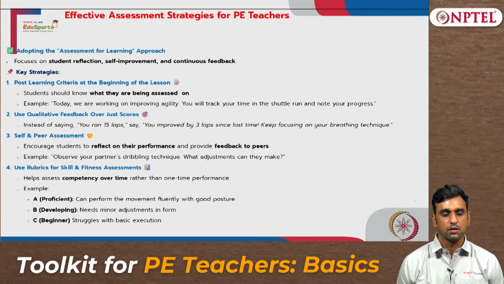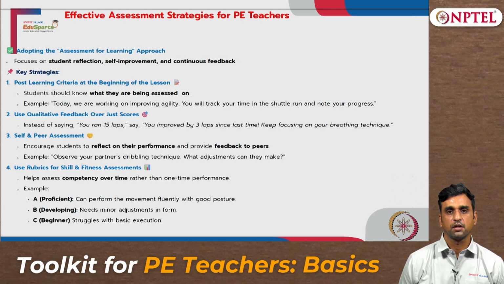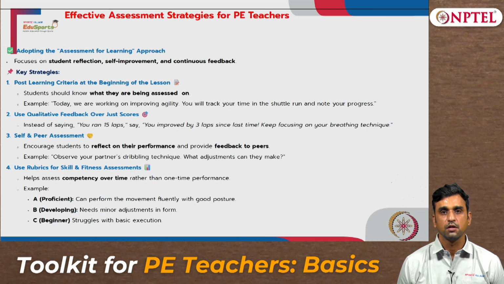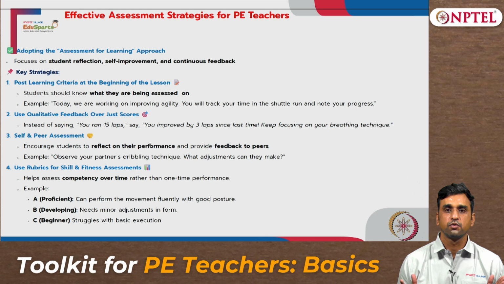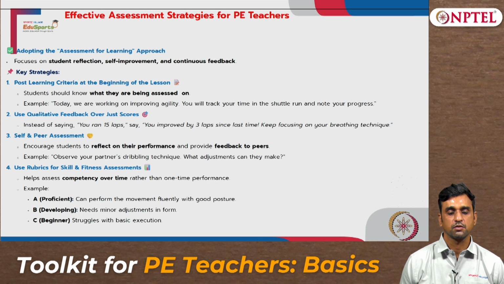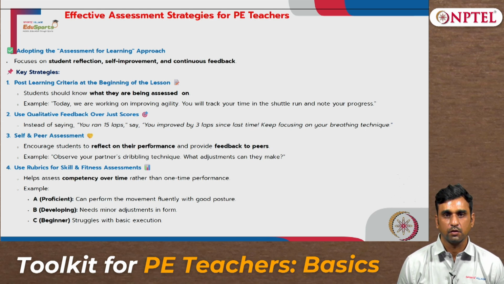Students should know what they are being assessed on or what they are supposed to be demonstrating post a lesson plan. For example, today we are working on improving agility. You will be tracked for your time in the shuttle run, and you need to note your progress as well as the quality of your turns and the quality of your strides. So it has descriptive, qualitative feedback on the technique, and also on the score that they are supposed to be targeting.